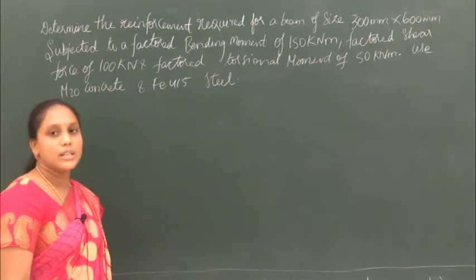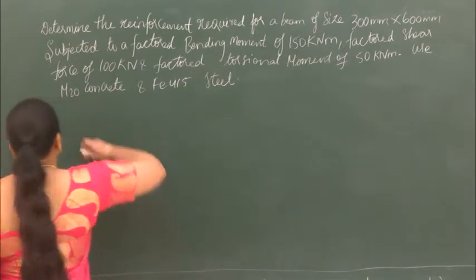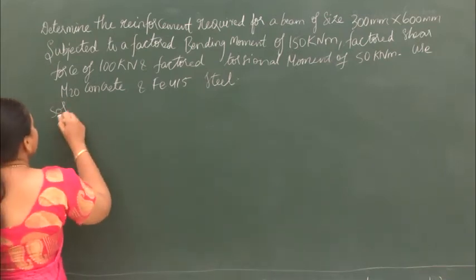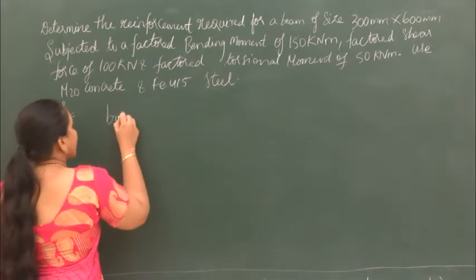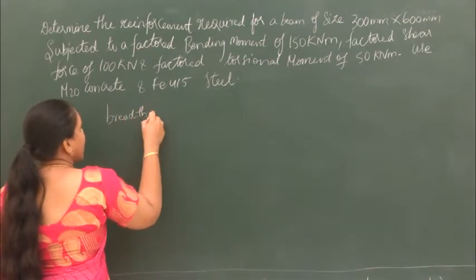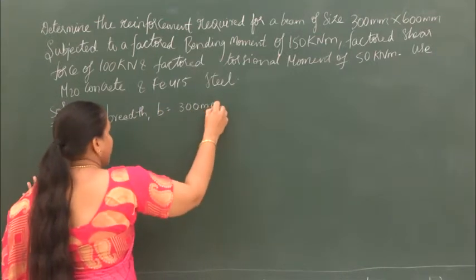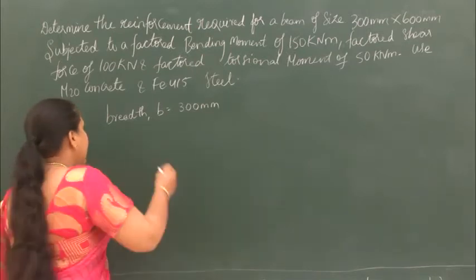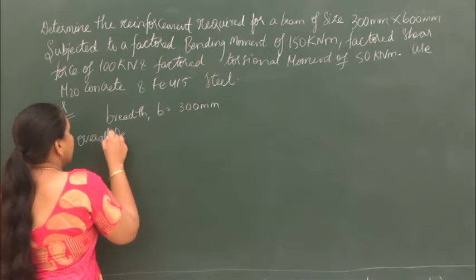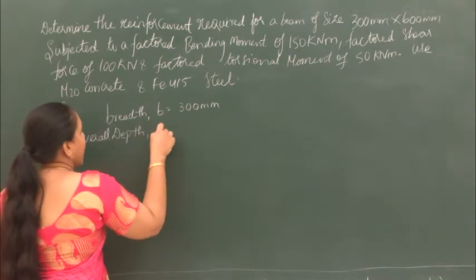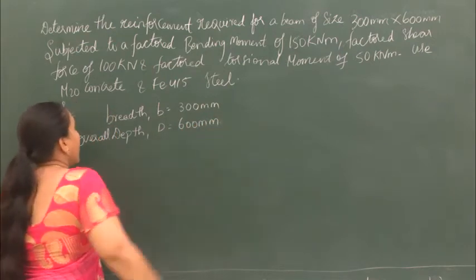First we will start by writing down the given data. What is given in the question? The breadth of the beam b is 300 mm. The overall depth of the beam, capital D, is 600 mm.